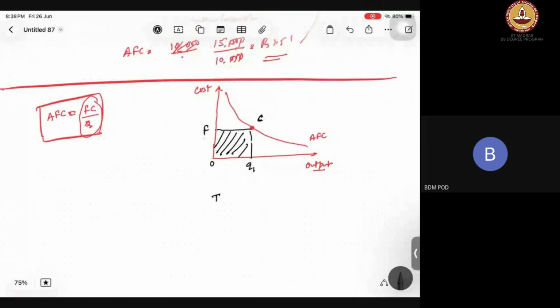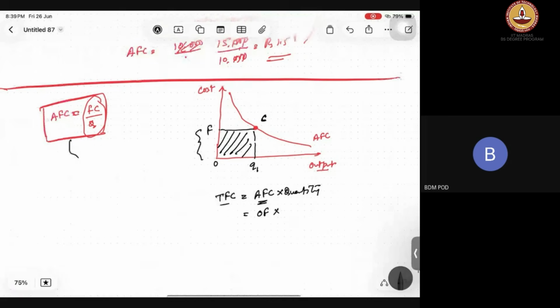Total fixed cost is equal to average fixed cost into quantity, from the equation we already tried. Now, average fixed cost is OF, and the quantity is O into Q1.